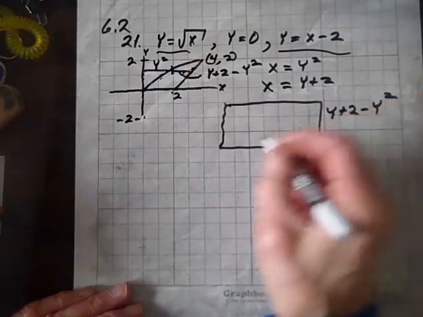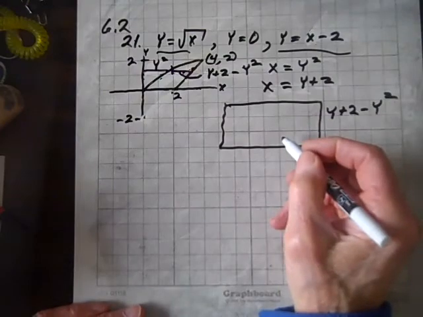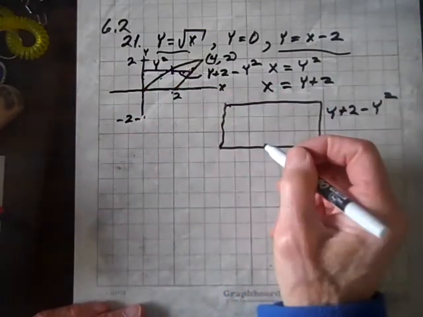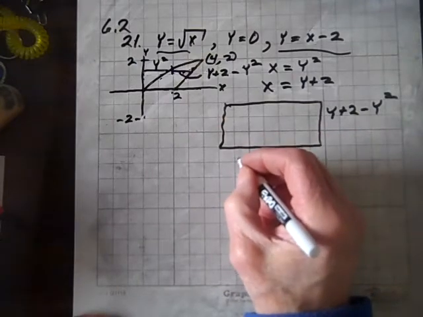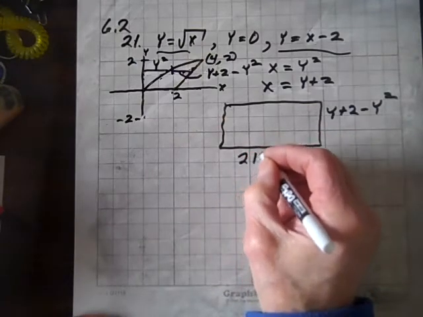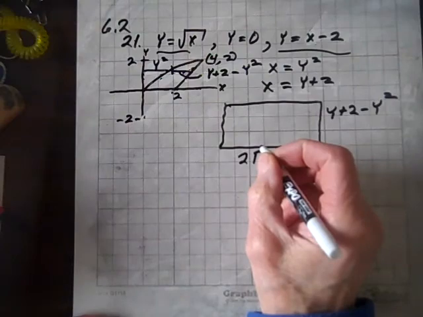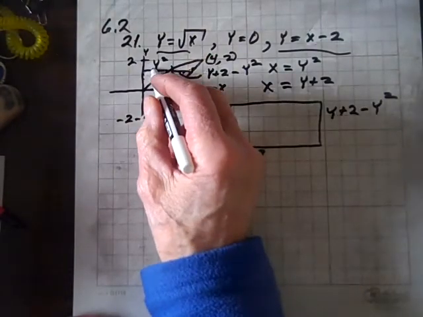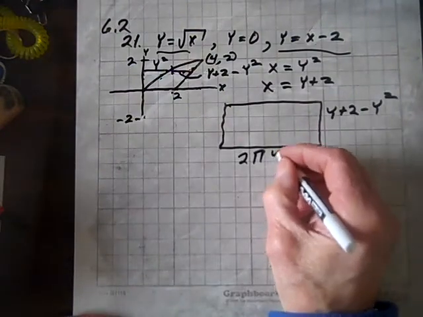The length of this rectangle is the circumference of that cylinder, and that's going to be 2 pi. And what's the radius? Well, it's y units from here to here, so 2 pi y.